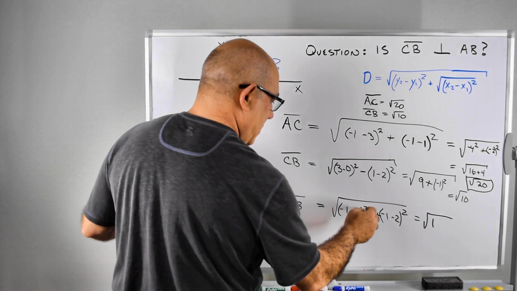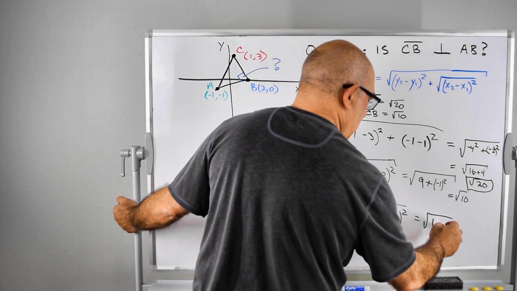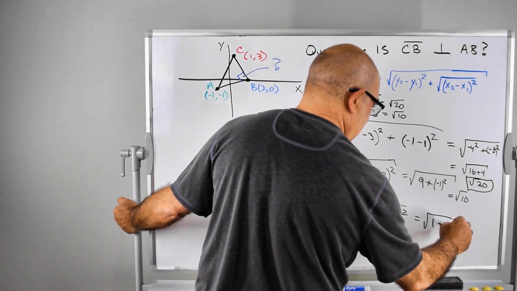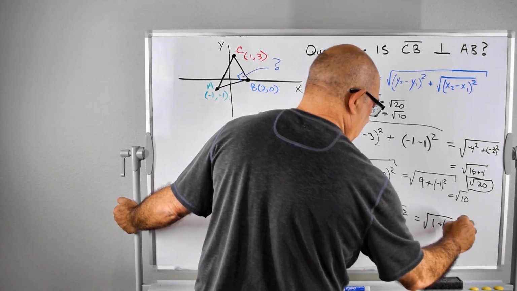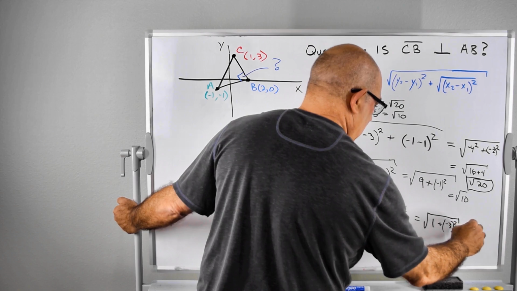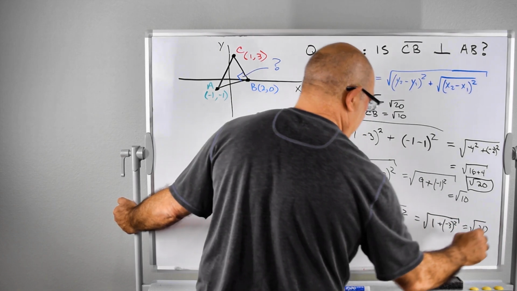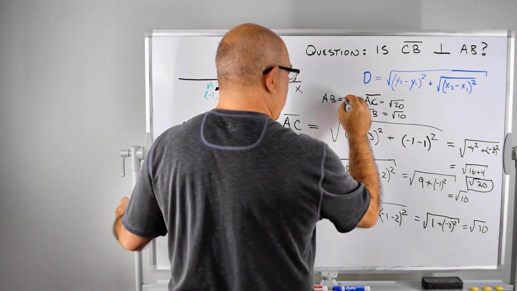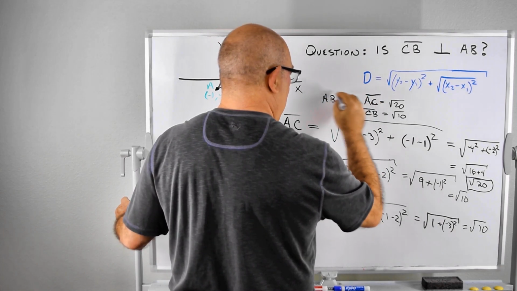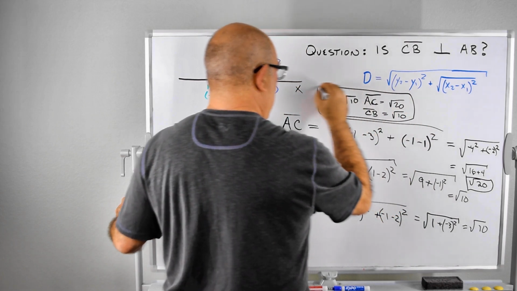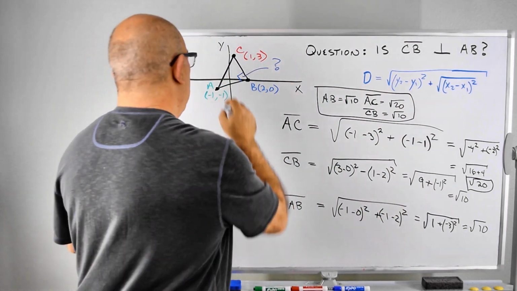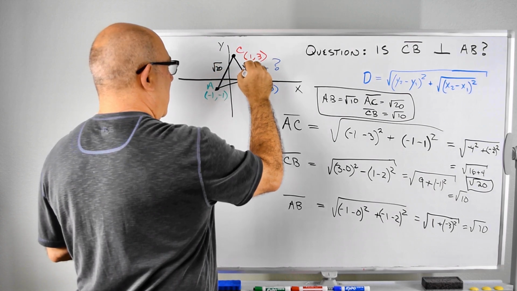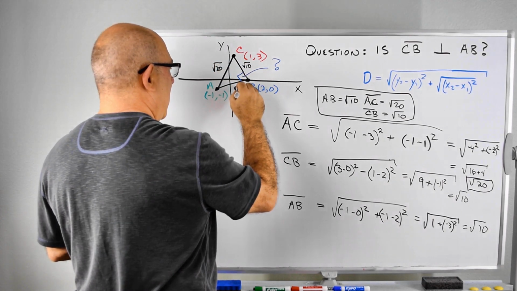This is 1 squared plus this is, actually, minus 3 squared, and that equals the square root of 10. So AB equals the square root of 10. So we have now all the lengths of all three of these. We have the square root of 20 here, we have the square root of 10 here, and we have the square root of 10 here.